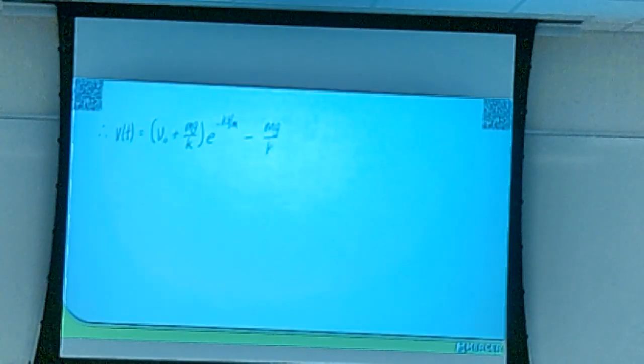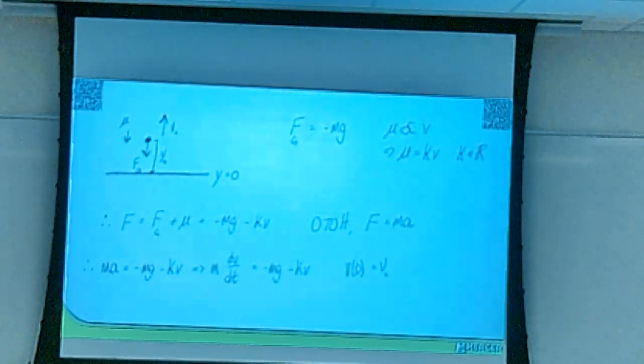Okay. There is the velocity model. Actually, I'm sorry, I misinterpreted A. That's the equation of motion.